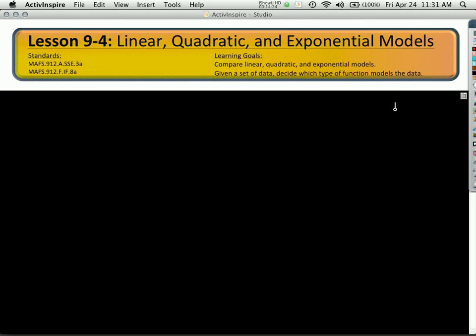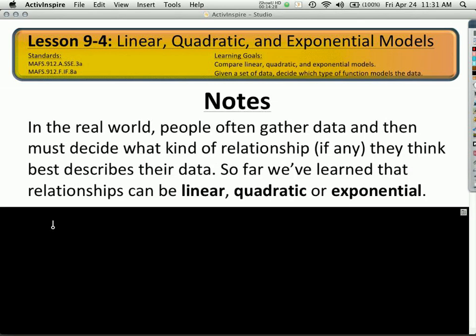So we now are aware of linear, quadratic, and exponential models. So we're talking about the relationships between things. How can you best describe your data? That's the whole point.